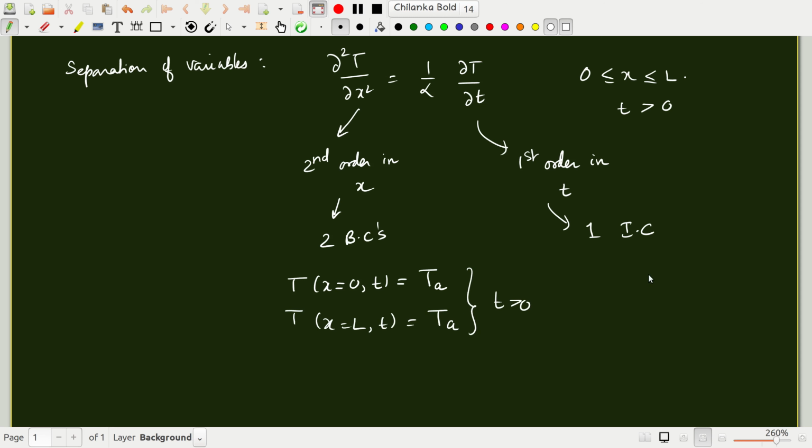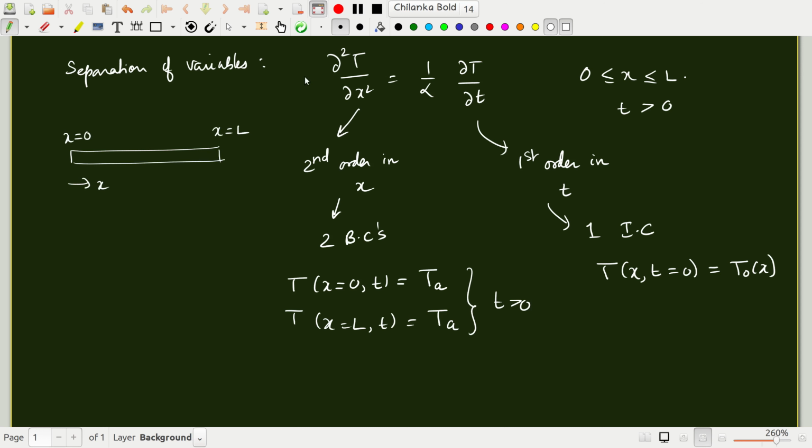The initial condition is T at all x at time t equal to 0 is some T naught of x. So initially there is some temperature distribution in a given rectangular bar, let's say, and this is the x direction. This is x equal to 0, and this is x equal to L.